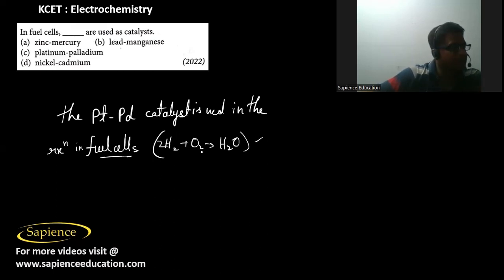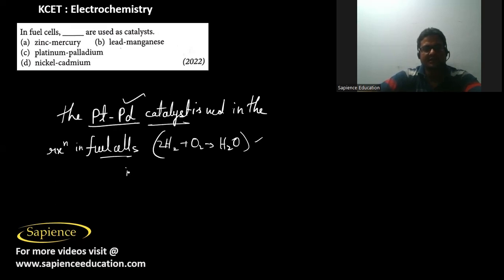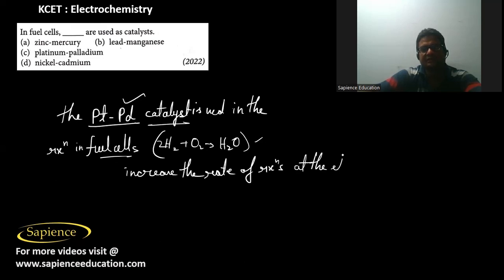So it increases the rate of the electrode reactions. If platinum and palladium catalyst is used, it increases the rate of the reactions which happen at the electrodes, at the anode and at the cathode. So option C is the correct answer.